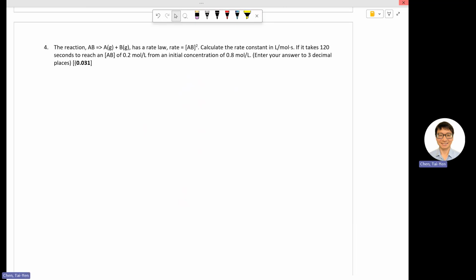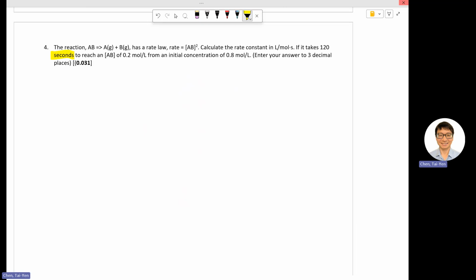Okay, so what is the keyword here? Not the rate constant. When you see seconds, what does it mean? Integrated rate law, right? This is why it's so important to know the keywords that you want to remember. Seconds: integrated rate law.